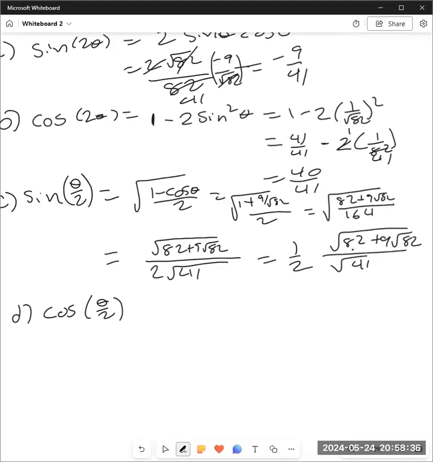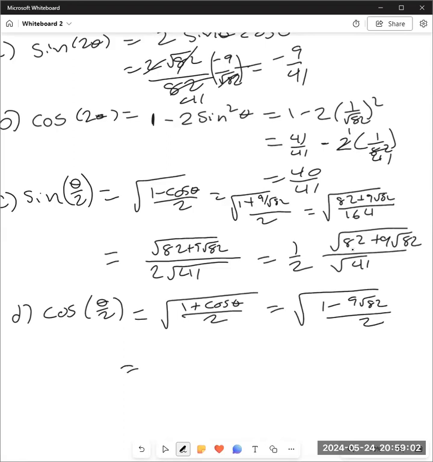So now we want cosine of theta over 2, which is going to change this to 1 plus cosine of theta, over 2, which is going to be 1 minus 9 root 82 over 2. Again, let's multiply by 82 over 82.